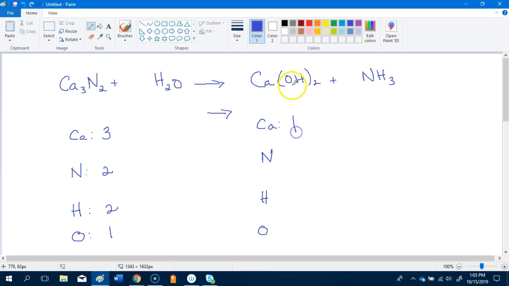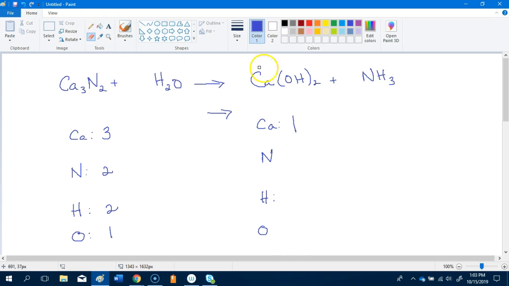Calcium, I have 1. That 2 pertains to each of the elements inside the brackets. So I'm going to have 2 hydrogens here, plus the 3 hydrogens here for 5 altogether. If you want to, you could put a 5.